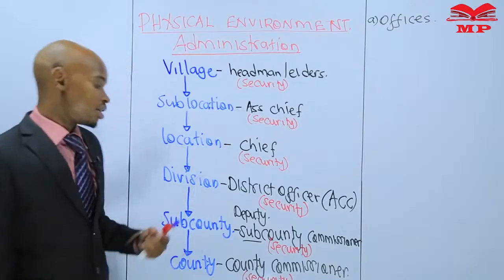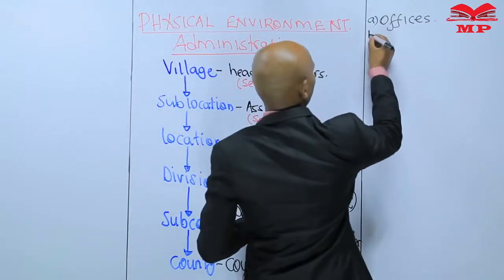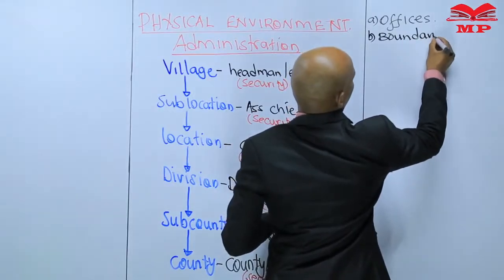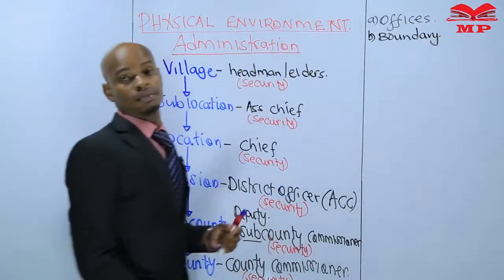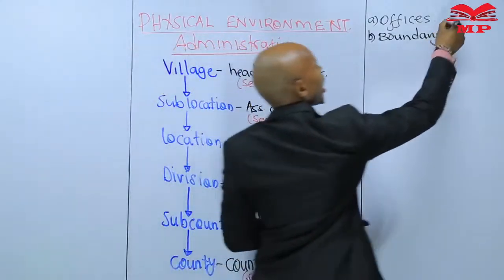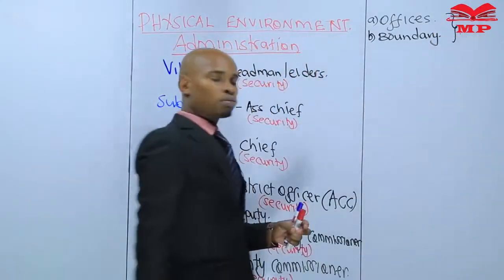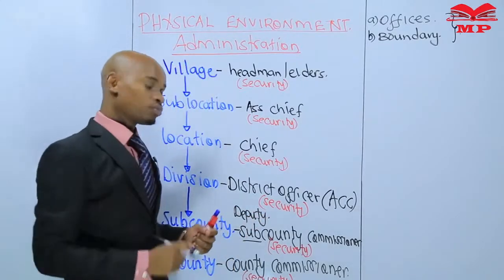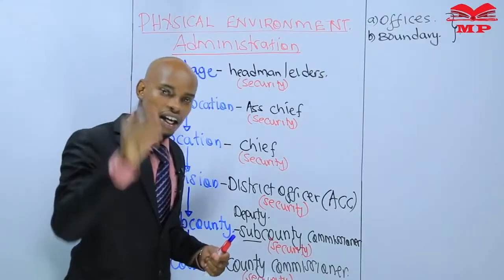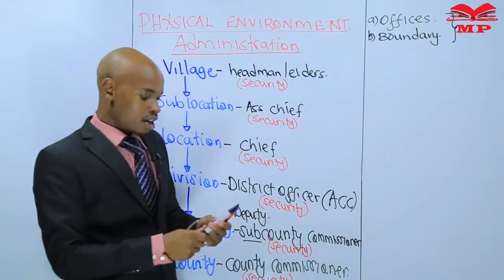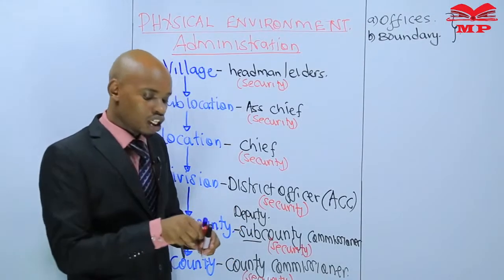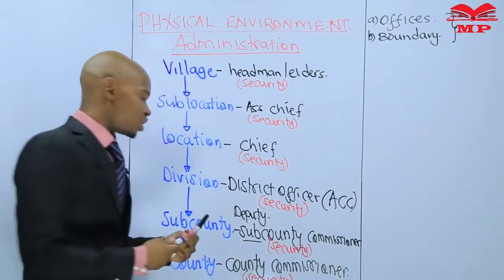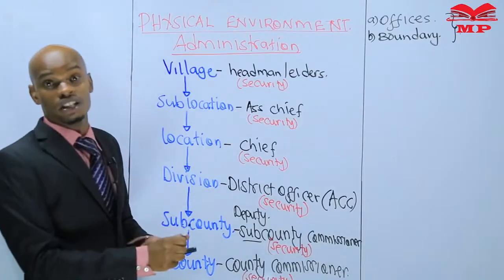If there is no map, then go for the boundary. These two things will tell you who heads this area, or which area it is likely to be. Is it a location? A sublocation? A county? A sub-county?